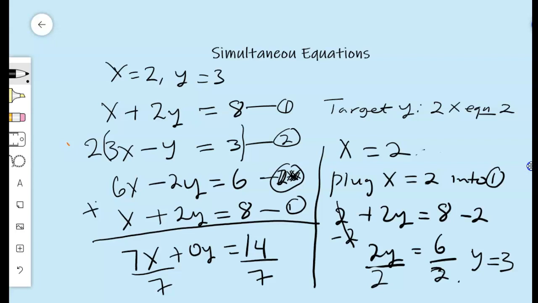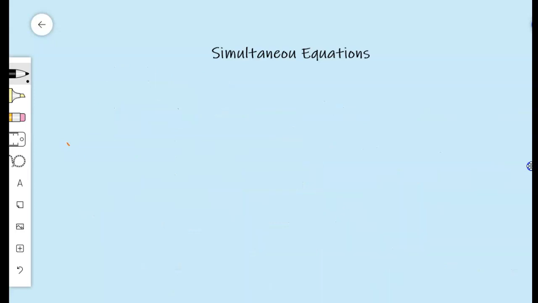Alright, now we're going to look at some of the past questions, 2014, question 3a. They want us to solve this simultaneous equation.